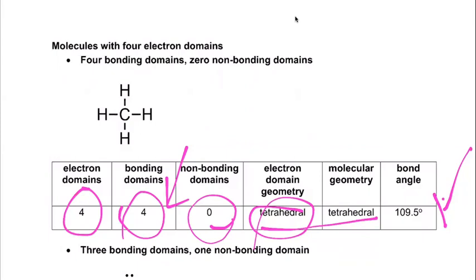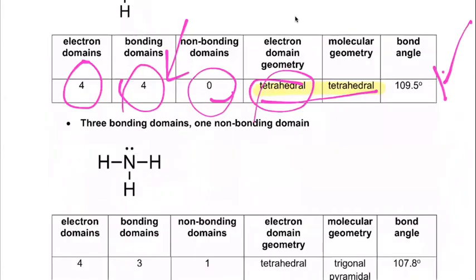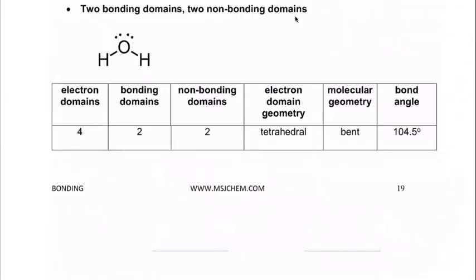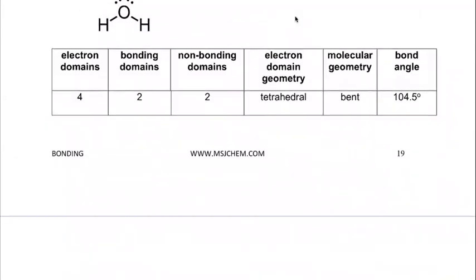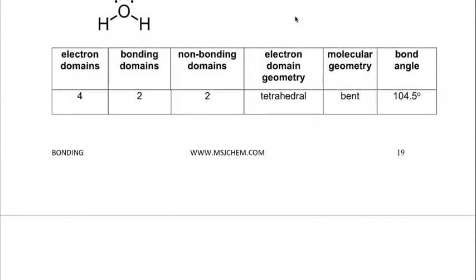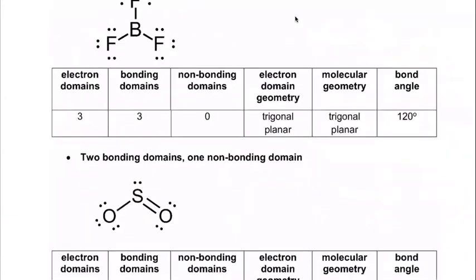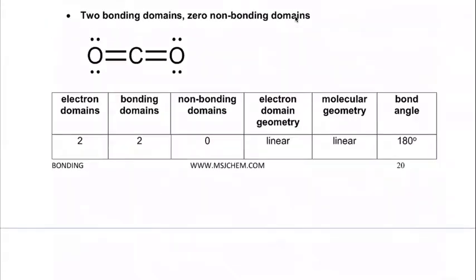But if you have 4, that's generally going to be tetrahedral. If it has 2, it can be bent, or it can be linear.